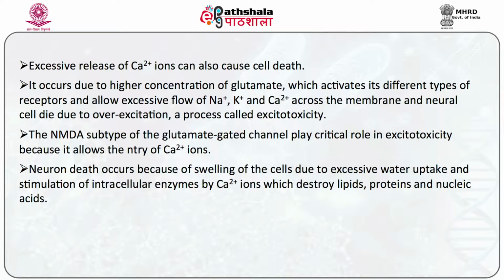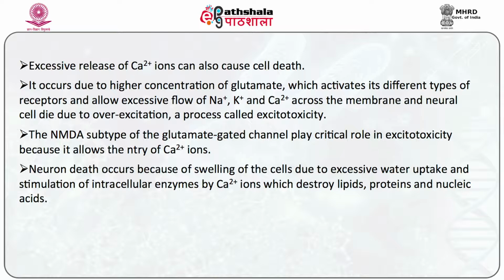It occurs due to a higher concentration of glutamate, which activates different types of receptors and allows excessive flow of sodium, potassium and calcium ions across the membrane, and neural cells die due to overexcitation, a process called excitotoxicity.